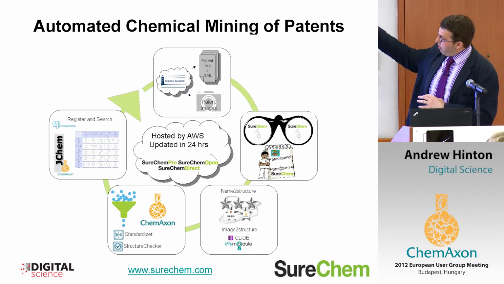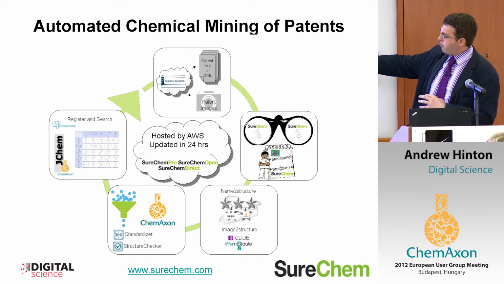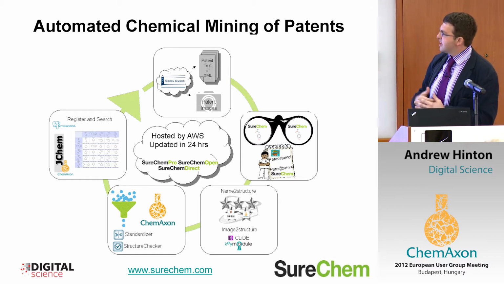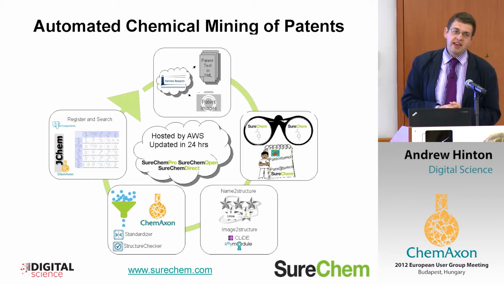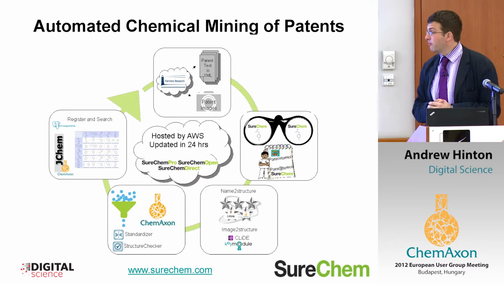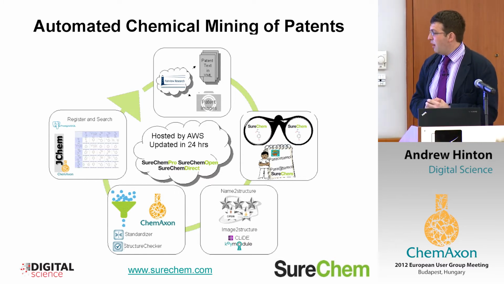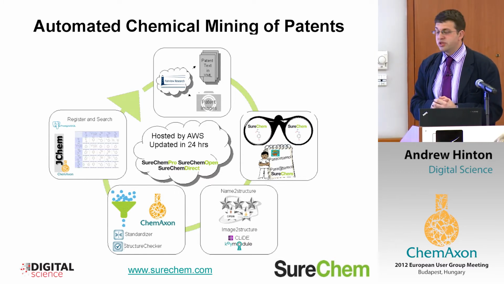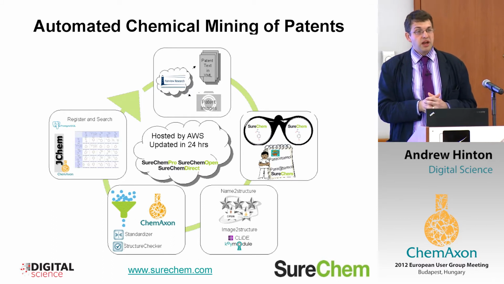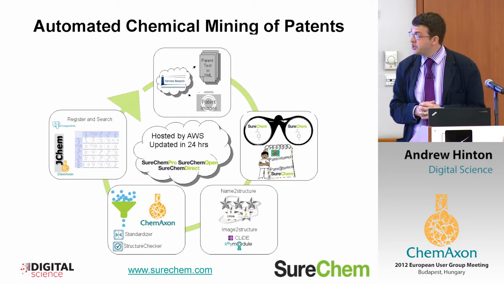So that's the chemistry that we get from the names, but we also process the chemistry we find in the clipped images coming from the patent authorities, and we use Key Modules' Clide software to do image-to-structure recognition.